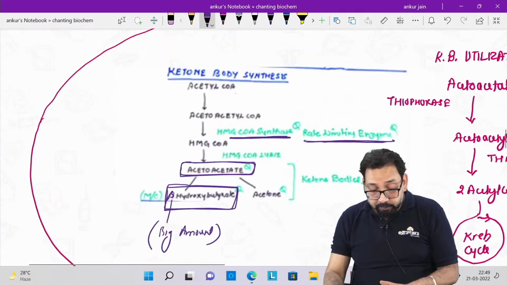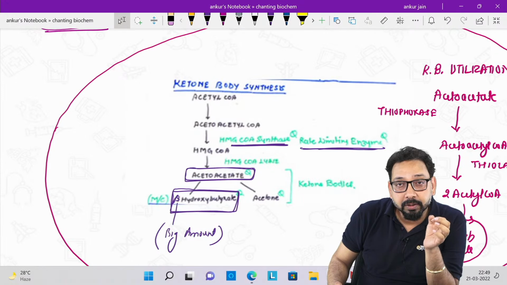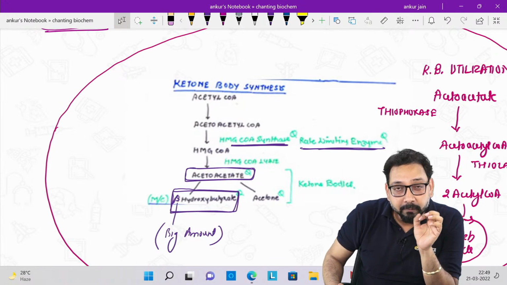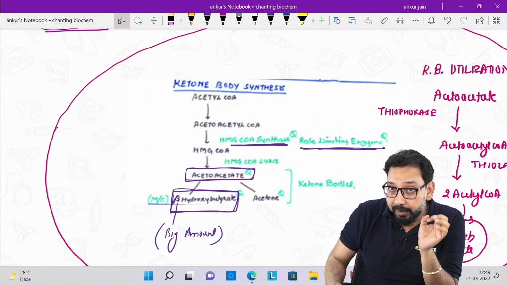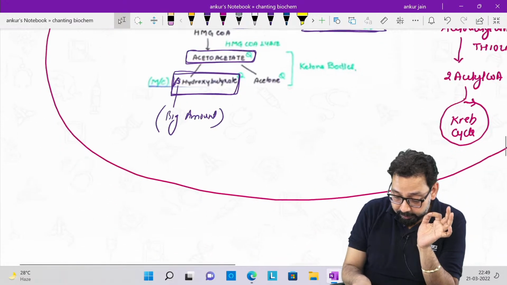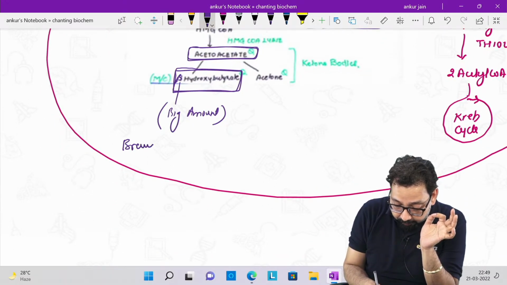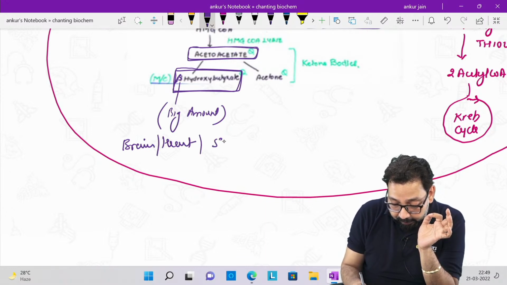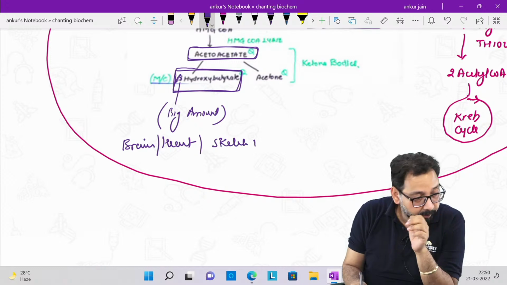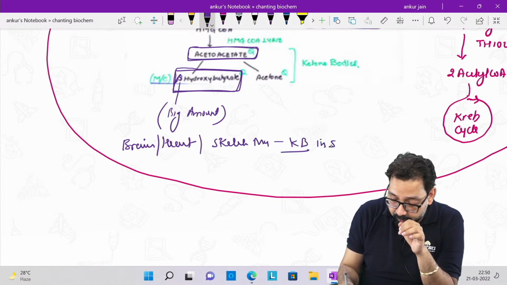Yes, you all know that ketone bodies are very toxic. Even then, liver synthesizes ketone body. Why? Most vital structures, brain, heart, and skeletal muscle utilize ketone body in starvation.